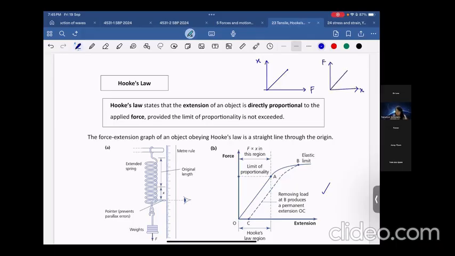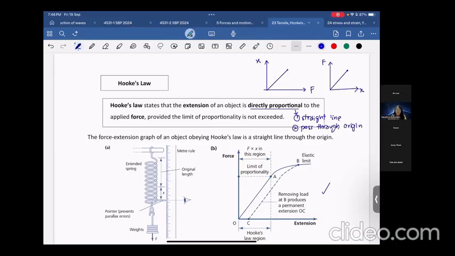It looks like no difference. But once we go greater than the limit of proportionality, now the spring no longer obeys Hooke's law, no longer directly proportional. Directly proportional, what are the features? One, a straight line. Second, it must pass through the origin. Then we can only say it's directly proportional.